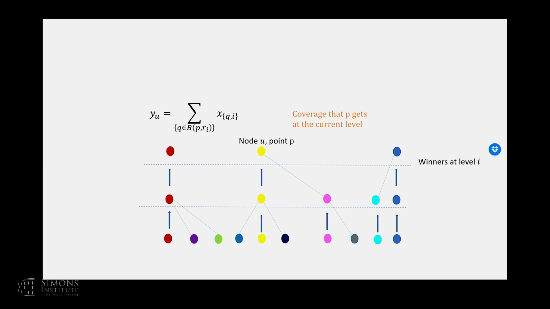At level i, y_u, which corresponds to a point P, is the coverage that P gets by radius of type i. So for y_u, I look at all points within distance R_i and how much coverage there is from balls of radius i. That's how the y mass is given on each node.